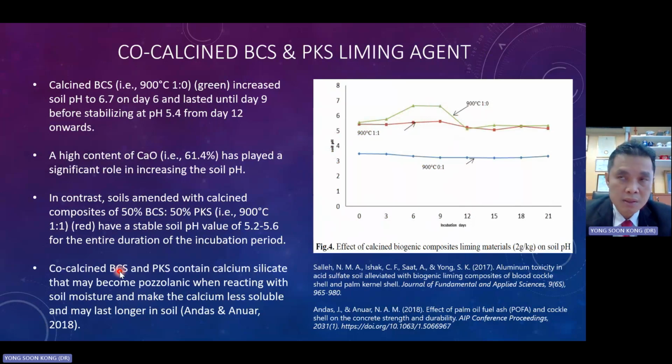Because once this material is moistened, like in this case, applied in moist soil, and in her case, mixed with water in the right amount to become a mortar, a pozzolanic effect is observed, in a way that once again, the presence of silica mixed with calcium forms calcium silicate, and this is actually a pozzolanic material. So that might explain the reason why the soil pH is stable after application of this co-calcined blood cockle shell and palm kernel shell.